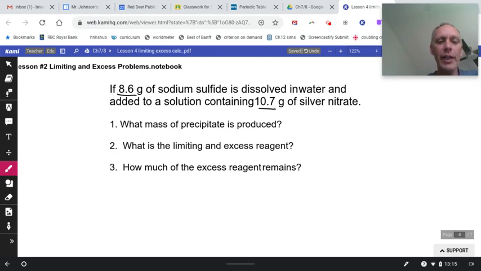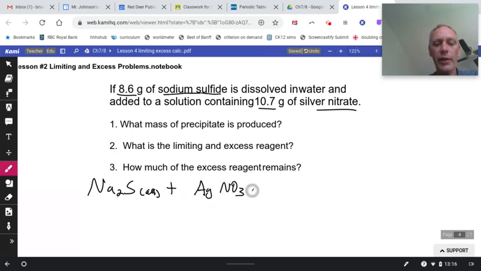Okay, so we've got sodium sulfide dissolved in water and added to a solution of silver nitrate. Sodium sulfide, Na2S aqueous, reacts with silver nitrate, AgNO3 aqueous.